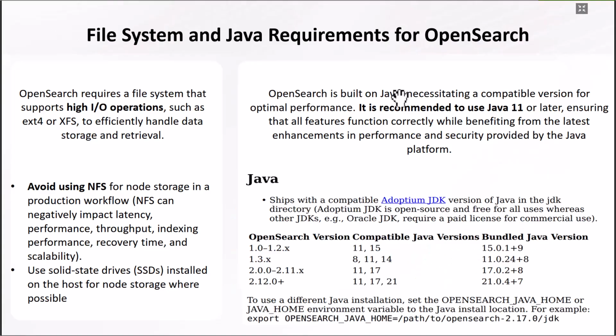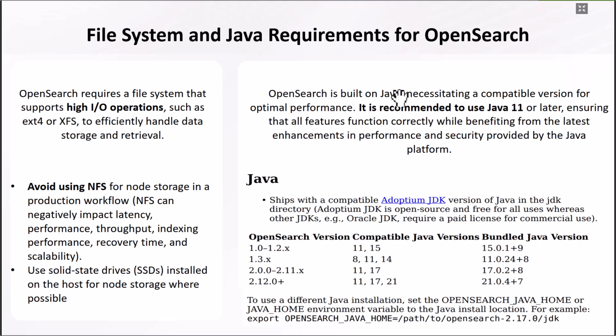Now, what are some of the file system and Java requirements? OpenSearch does require a file system that supports high I/O operations, such as ext4 or XFS. Note that we would have to avoid using network file system for node storage in a production workflow, as that could negatively affect key measures like performance, throughput, and so on.